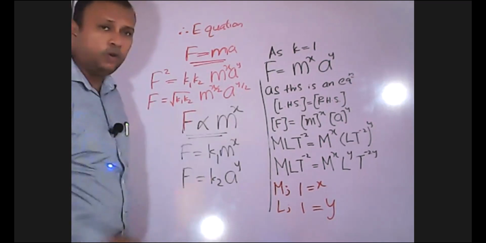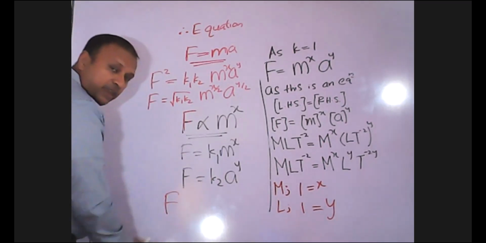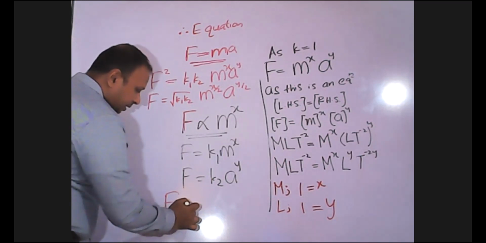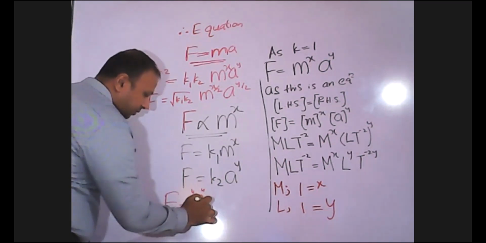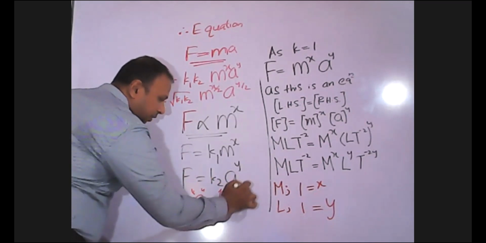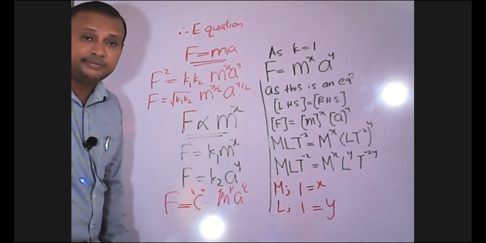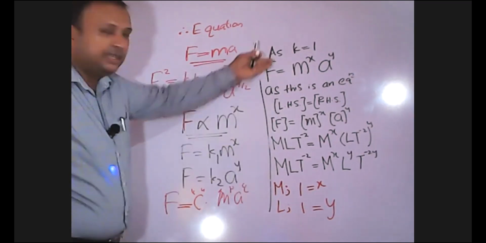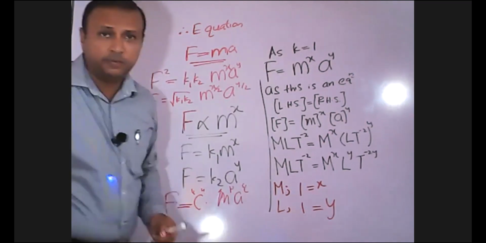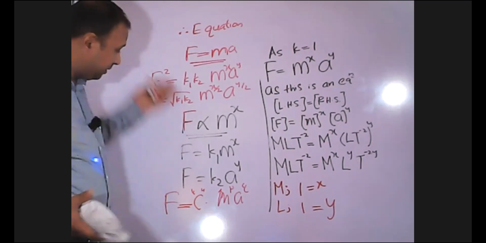We can write this as Q. Then again, we can write this as F equal to constant into m to the power P, a to the power Q. The same equation. No? Yes, sir.